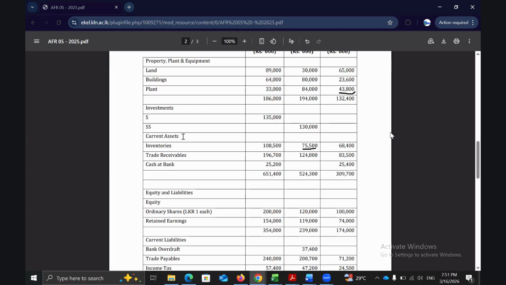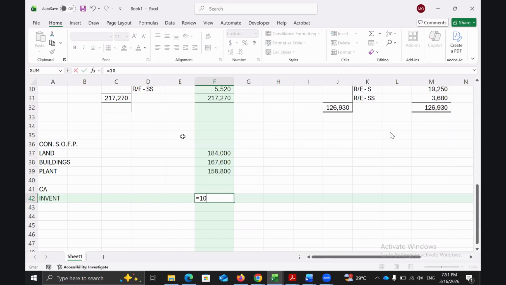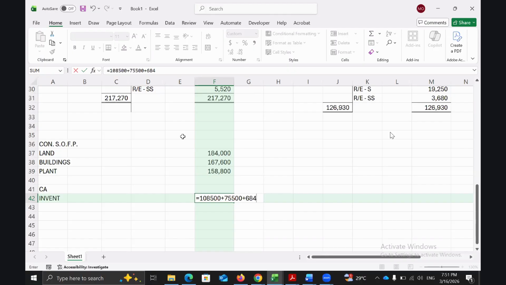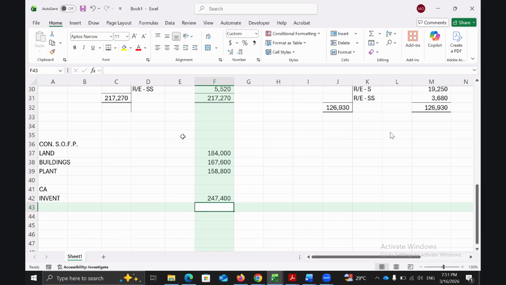As inventory, we have 108,500 plus 75,500 plus 68,400, but from this 75,500, for the provision for unrealized profit, we deducted 5,000. Make it clear that?